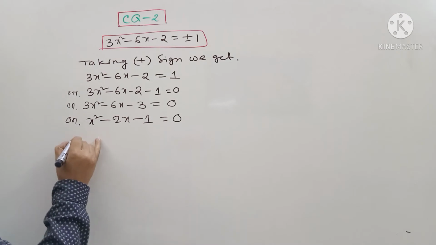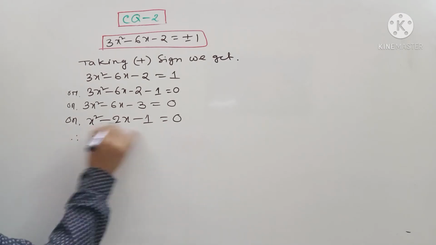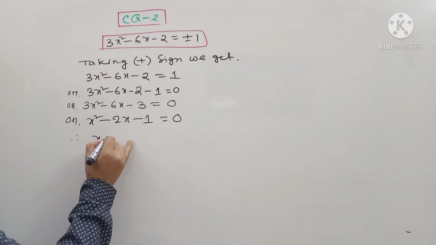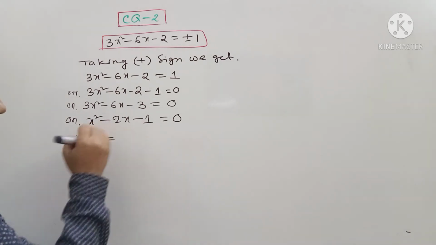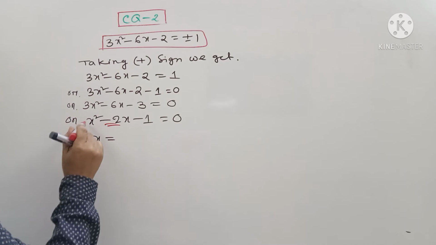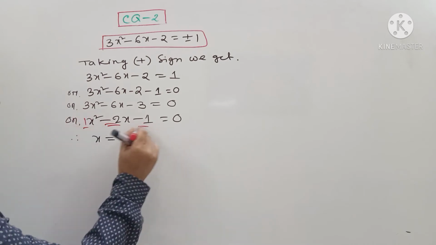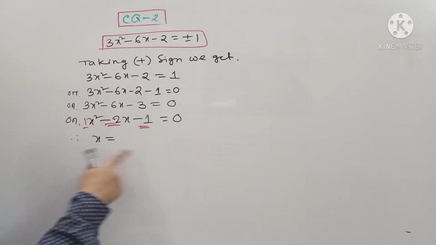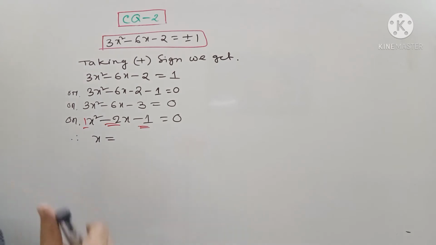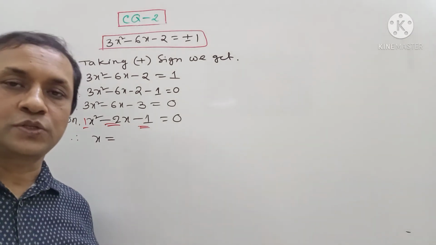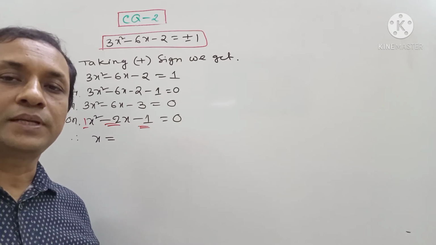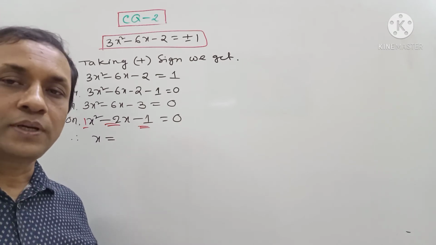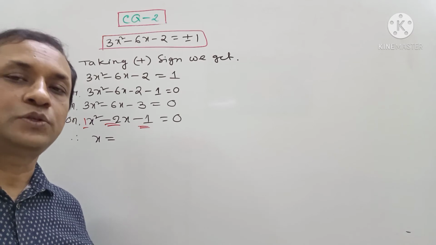So student, it is a quadratic equation. Here b is minus 2, a is 1 and c is minus 1. We know that ax squared plus bx plus c equals 0 is a quadratic equation, so x equals minus b plus minus root over b squared minus 4ac, by twice a.